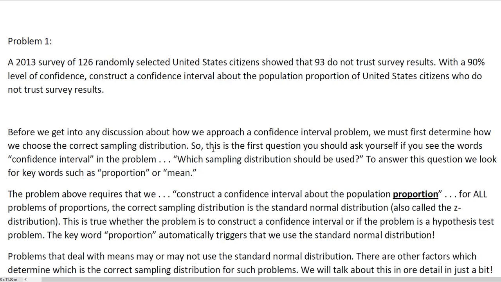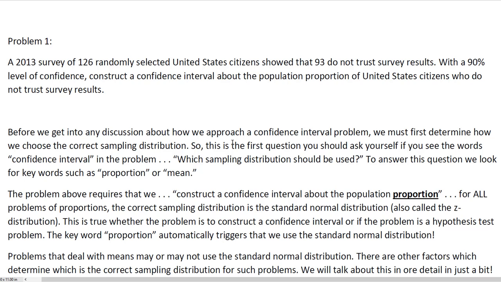Since this problem is looking for a proportion, and we know that because of keywords, it says construct a confidence interval about the population proportion of. The rest doesn't matter as far as determining the correct sampling distribution.